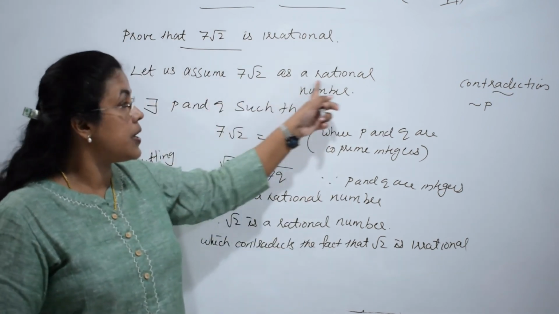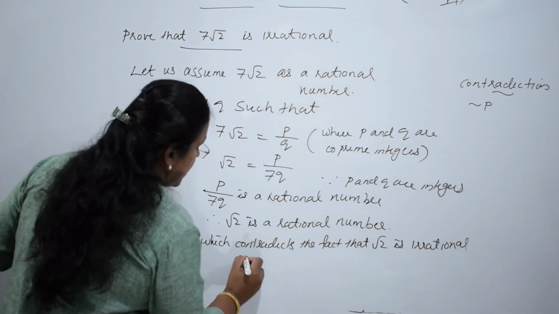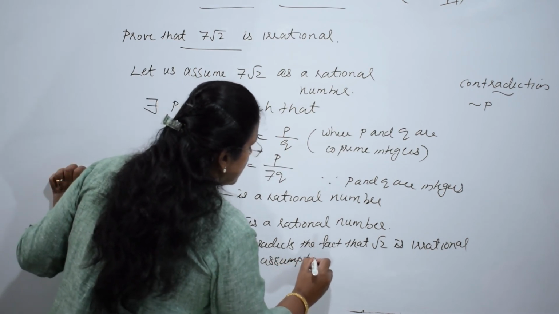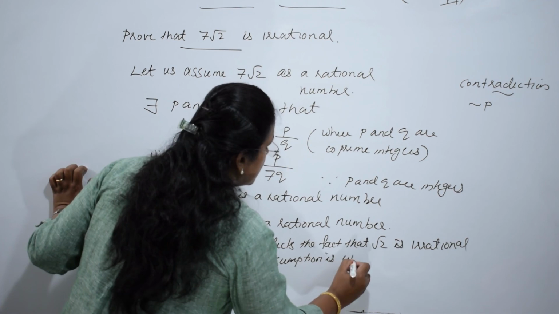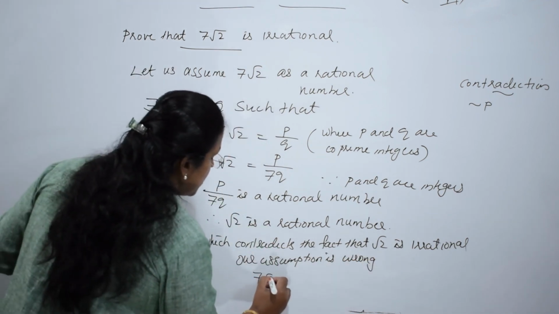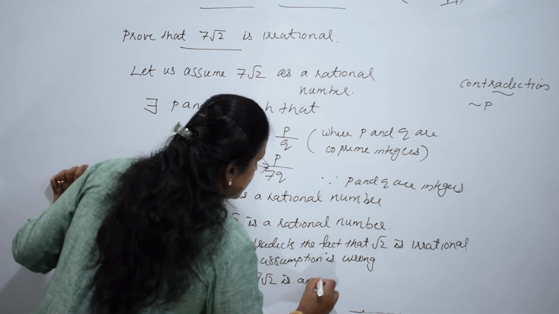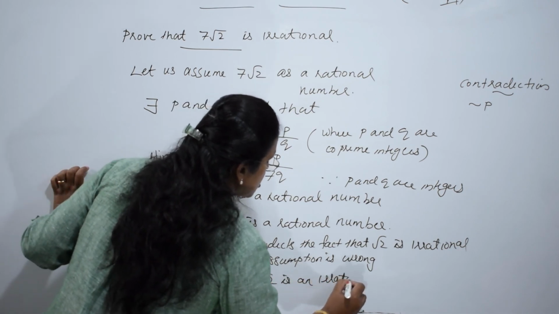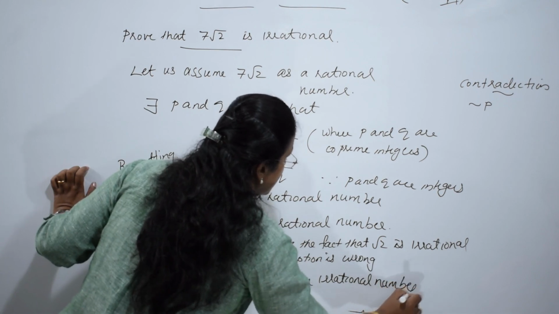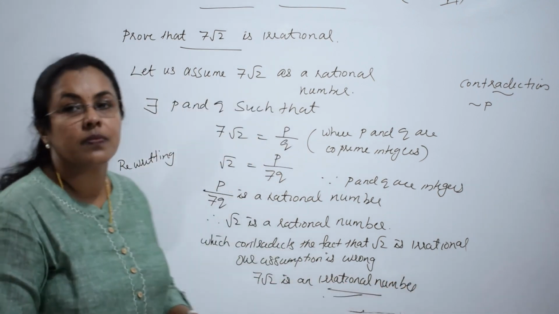That means our assumption is wrong. So we can conclude that 7 root 2 is an irrational number.